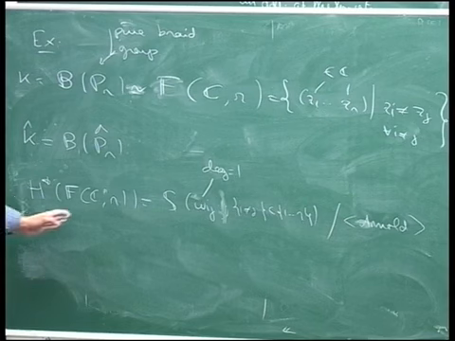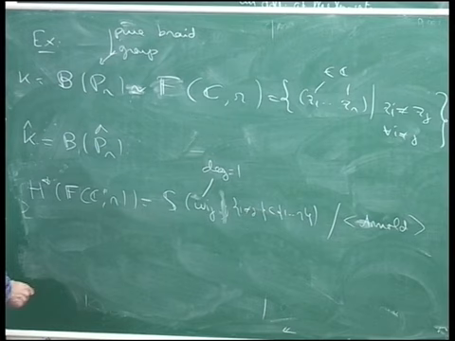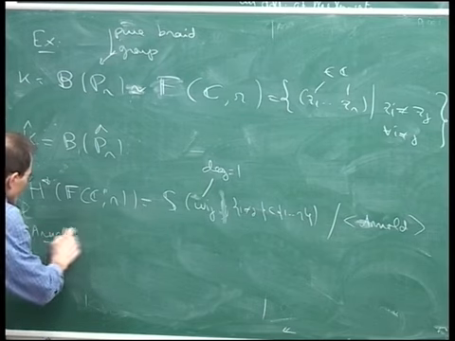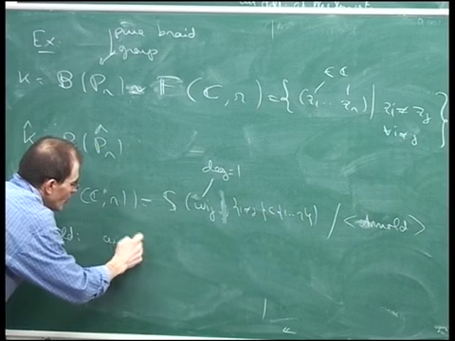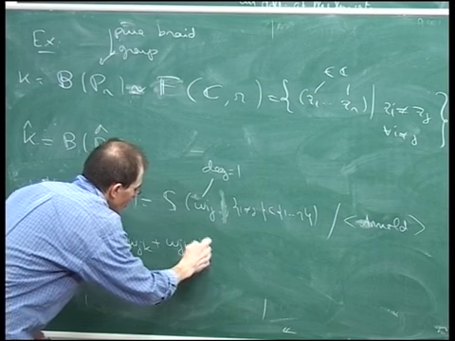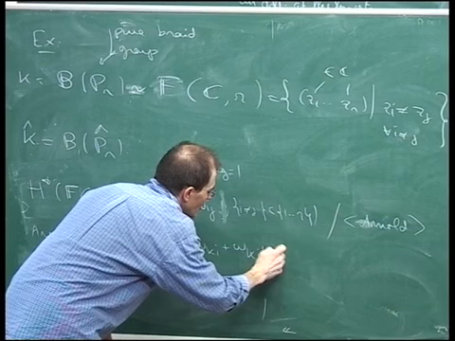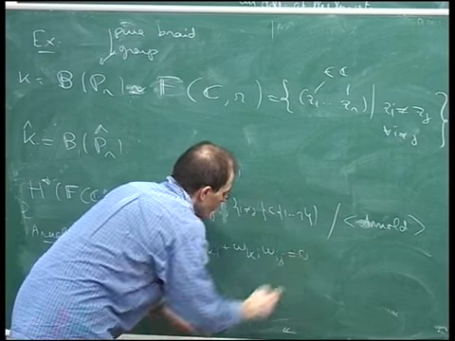So the cohomology of this space is the free graded algebra generated by these forms. And so the Arnold relation reads omega ij omega jk plus omega jk omega ki plus omega ki omega ij is 0.